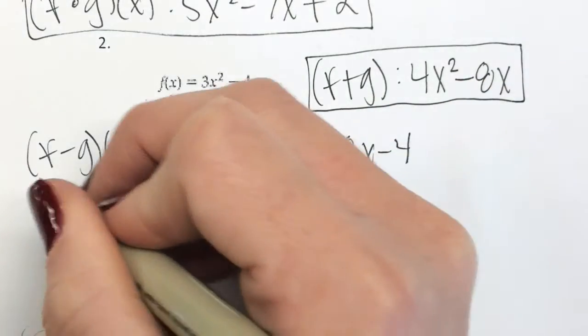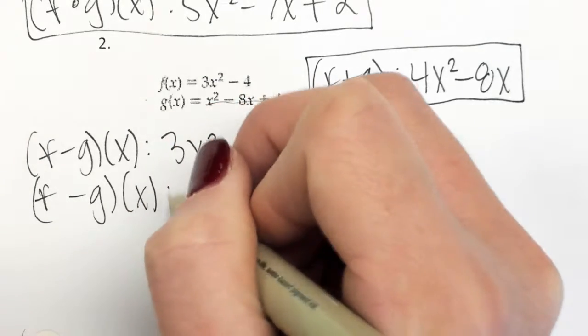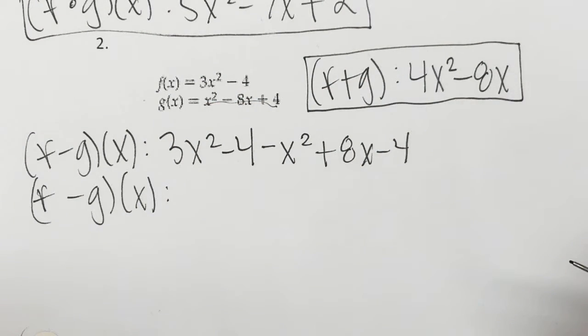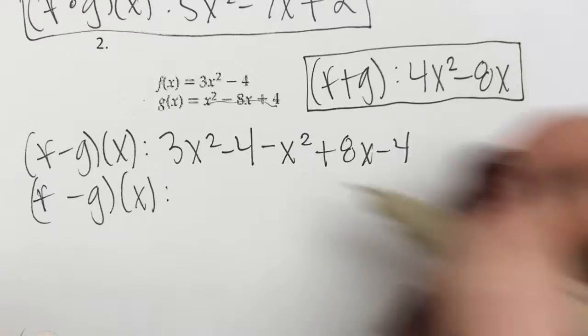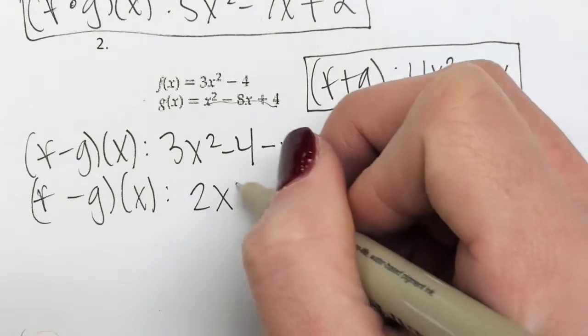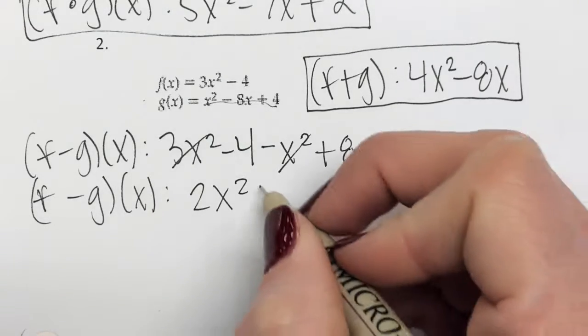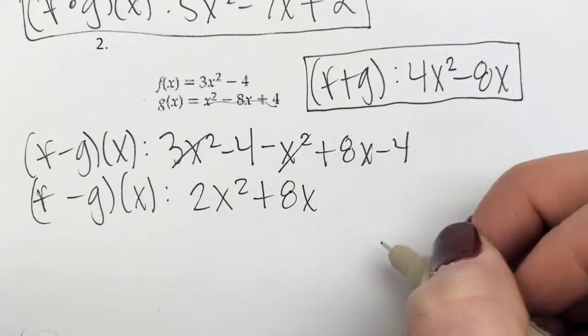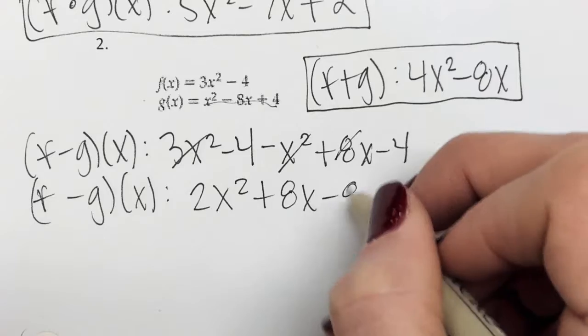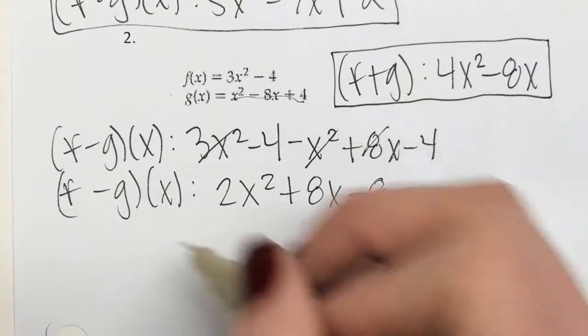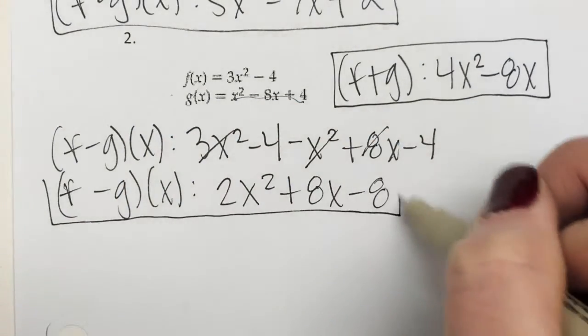Alright, William, tell me my first term after I combine them in the correct order. 2x. Good. So I combine these. Madison, my next one. Plus 8x. Perfect. Sid, my last one. Minus 8. Very good. Any questions on that?